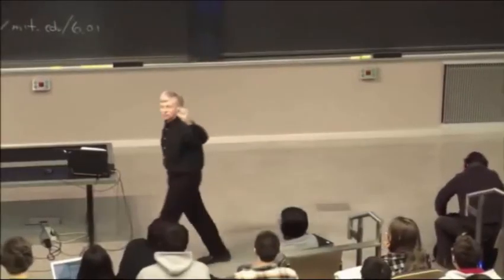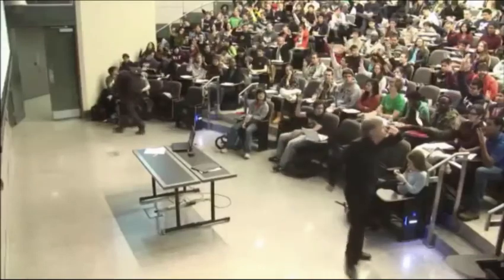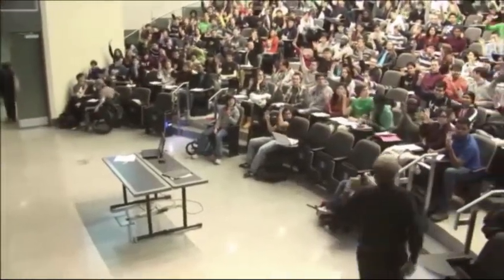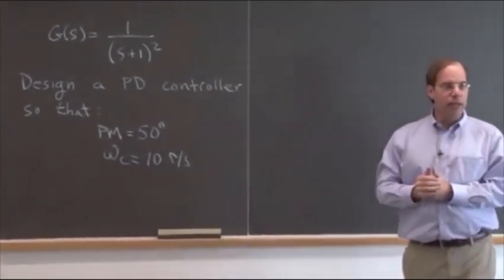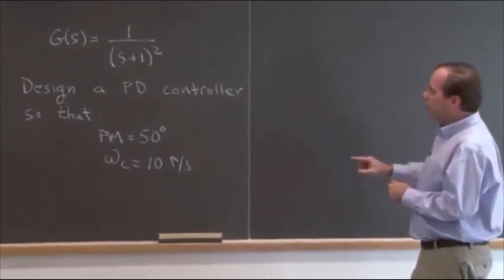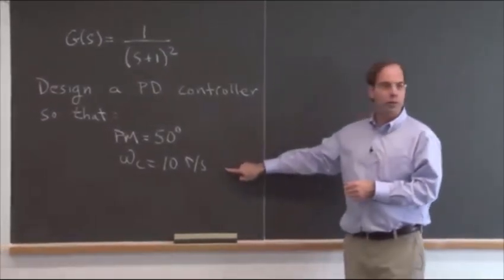I'd like everybody now to raise their hand, put up the number of fingers that show the answer, and I want to tally. Fantastic. Everybody gets it. The first problem is right here. I'm going to give you a chance to practice doing a proportional derivative controller. And I've actually written the specifications directly in terms of phase margin and crossover frequency.